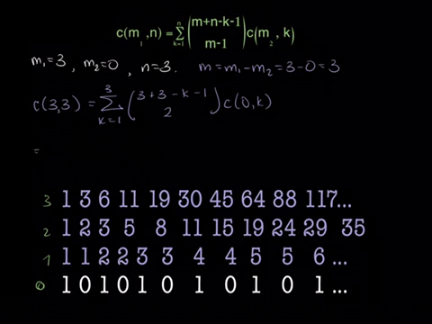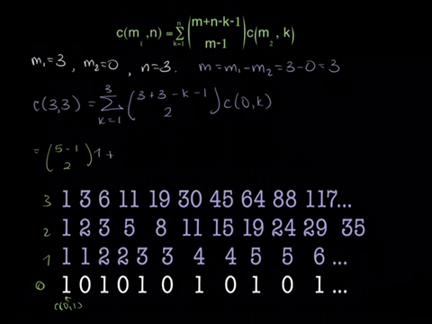Alright, here we go. So this is going to equal 3 plus 3 is 6, minus 1 is 5, so it's going to be 5 minus, now the first one, k is 1, choose 2. Now C0,1 is down here, that's 1, plus 5 minus k is now 2, right?